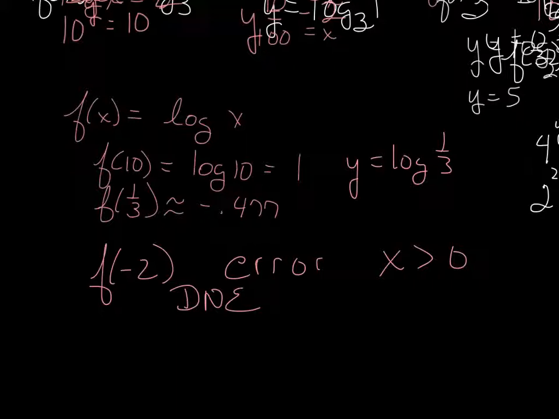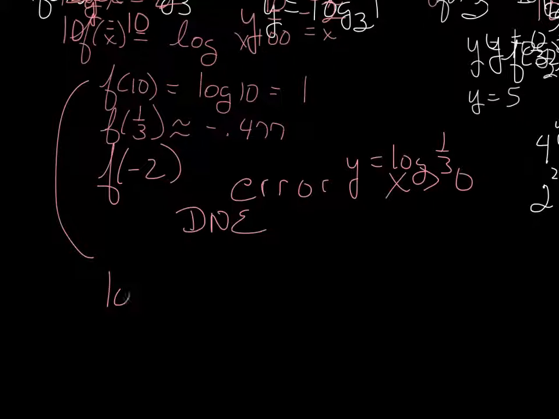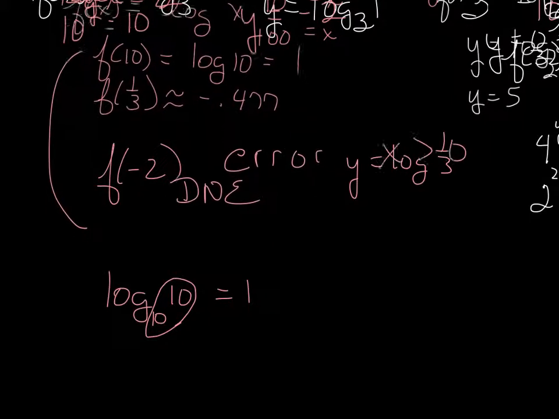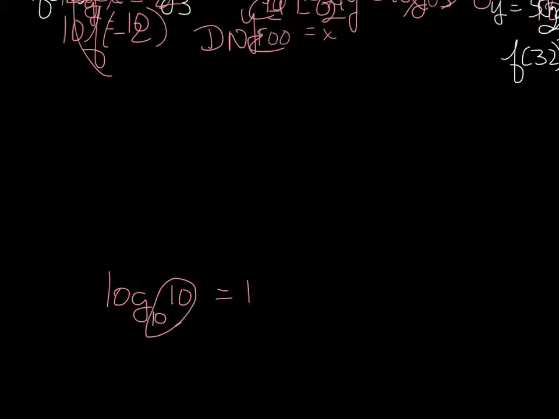All right, now let's think about this one that we just looked at a minute ago. If I have the log of 10, what's the base there? 10, and that equals 1. Notice these matched. So it doesn't matter what your base is. This is a property of logs, whether it's the common log or, as we'll see in a little bit, the natural log.